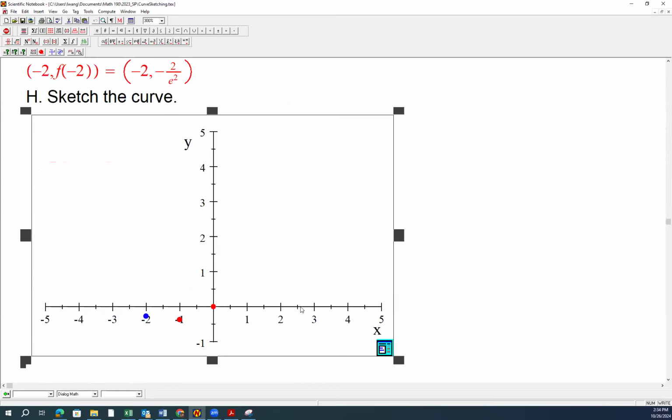You can see the curve is underneath, going down here, and then goes up. So that's our anticipation if we don't have a calculator, right?